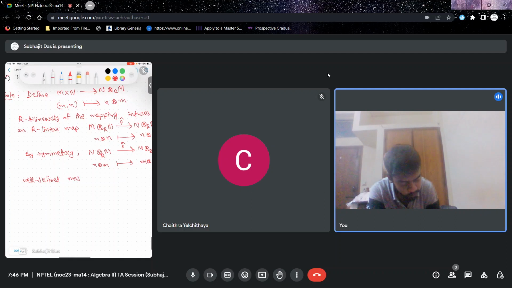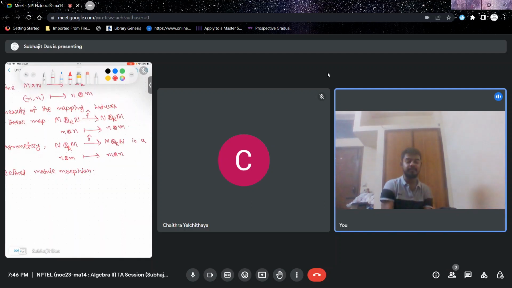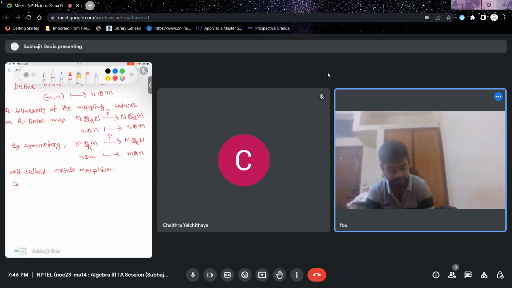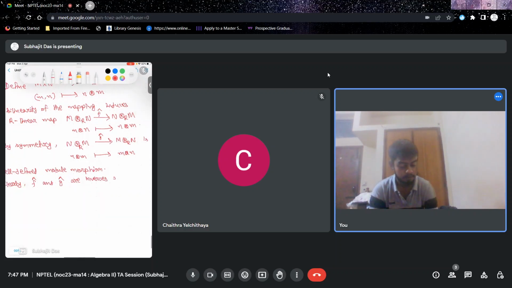Module morphism, module map, module homomorphism. And clearly these two maps are inverses of each other. F hat and G hat are inverses of each other.